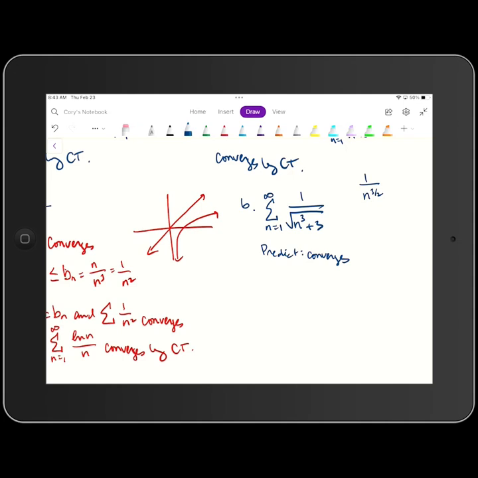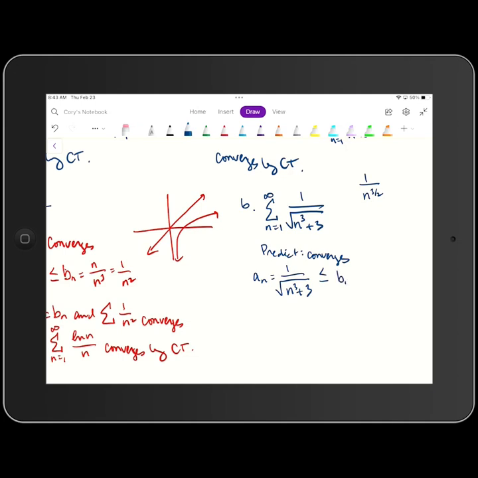Okay, so the given series is going to be our a sub n. So that's going to be 1 over the square root of n cubed plus 3. We're going to compare that to a b sub n, where we want b sub n to be greater than or equal to a sub n.